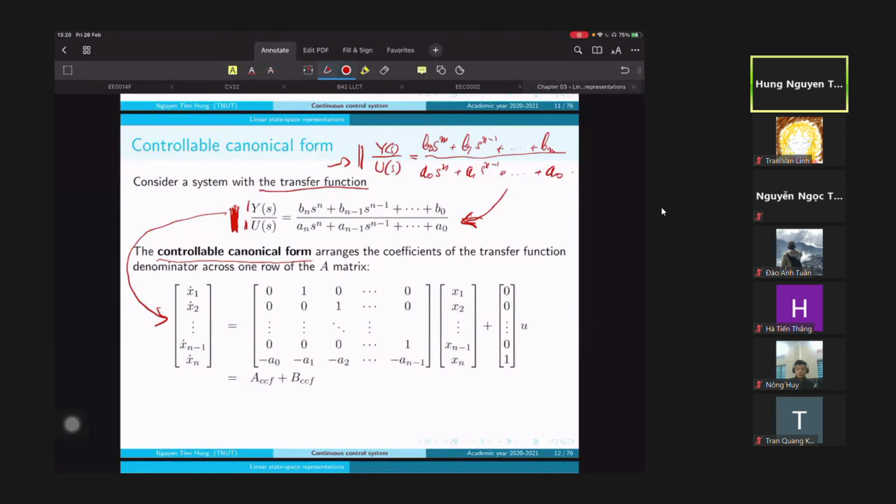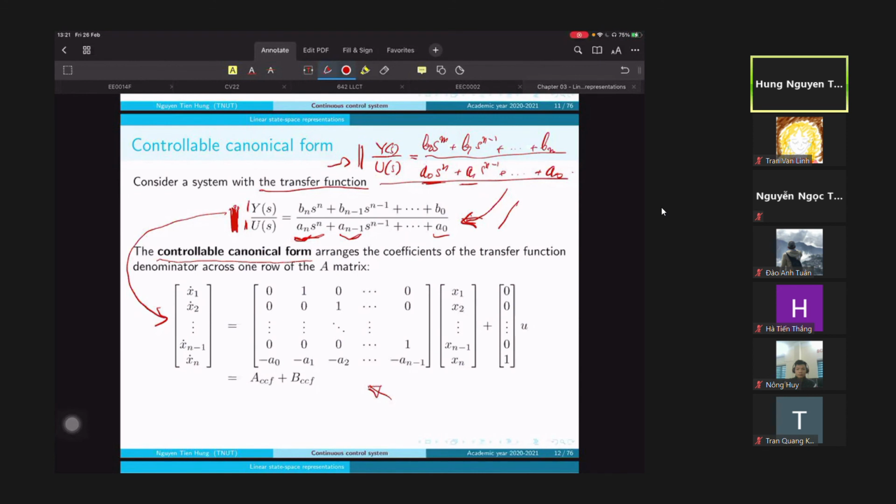So this is the controllable canonical form. See that if you have the coefficients a n minus one up to a naught, then you can represent the system in terms of the function here. But now we can represent this in this form.